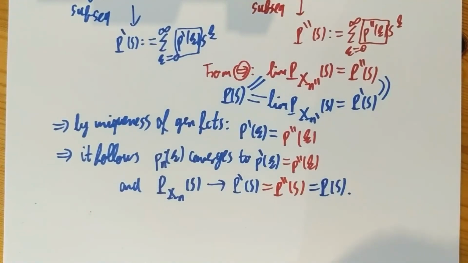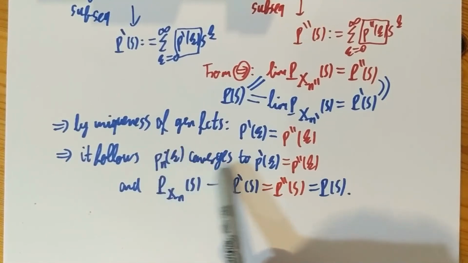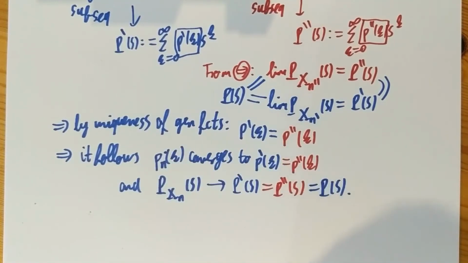If these two limits are the same, then for every convergent subsequence we have the same limit, then the original sequence converges, and so P n of k converges to P prime of k or P double prime of k for every k.